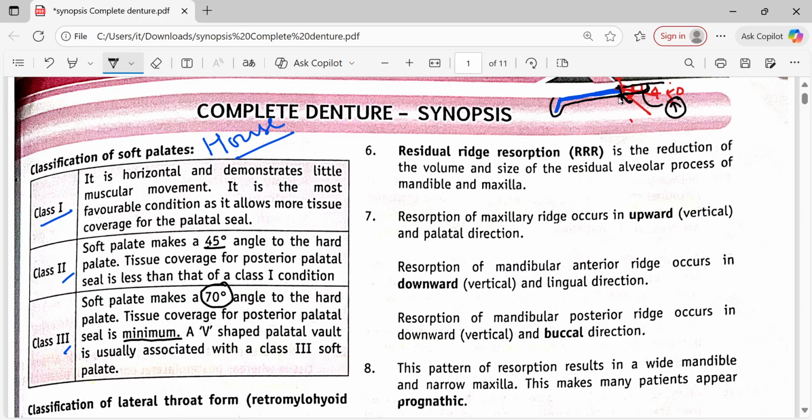As we have discussed, the tissue coverage by the denture will be minimum compared to class 1 type of soft palate. Also, a V-shaped palatal vault will usually be present in class 3 type of soft palate.